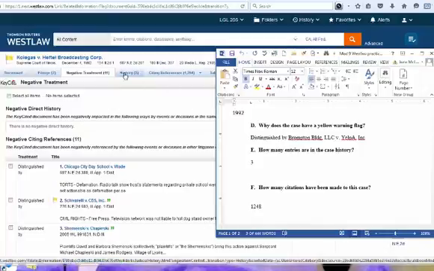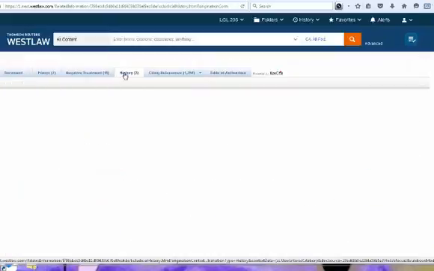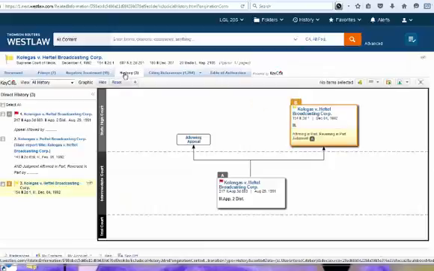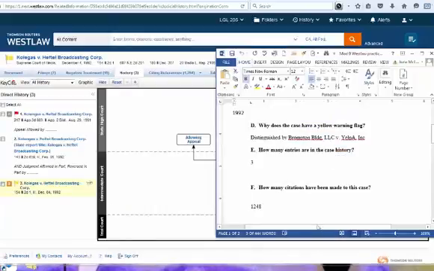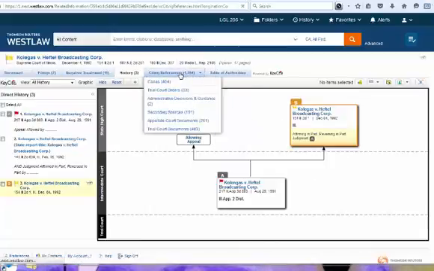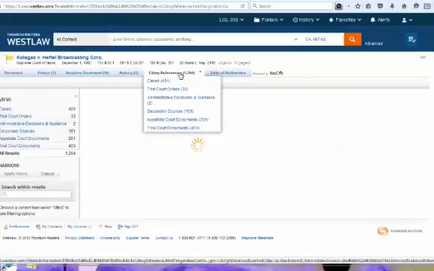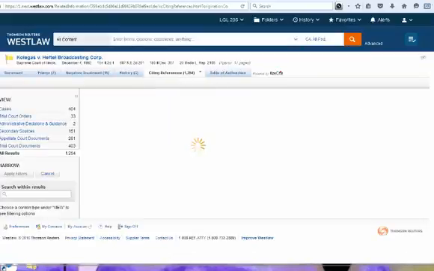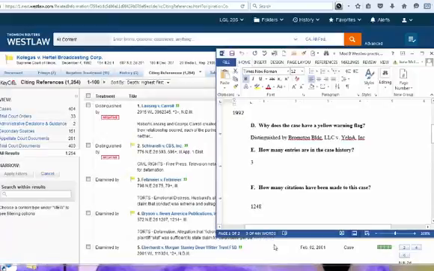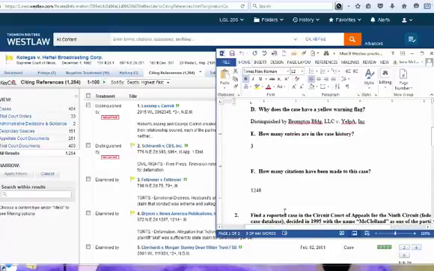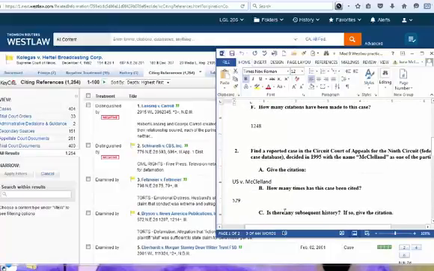So we click this button here, 3 entries. Cool graphic. How many citations have been made to this case? Well, it grew, so maybe some of you got that wrong because it grew since I created the assignment. 1248, but now 1254.